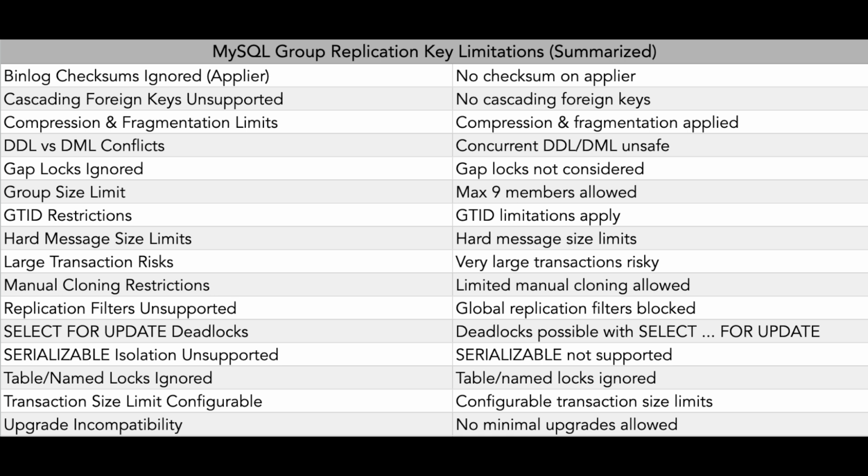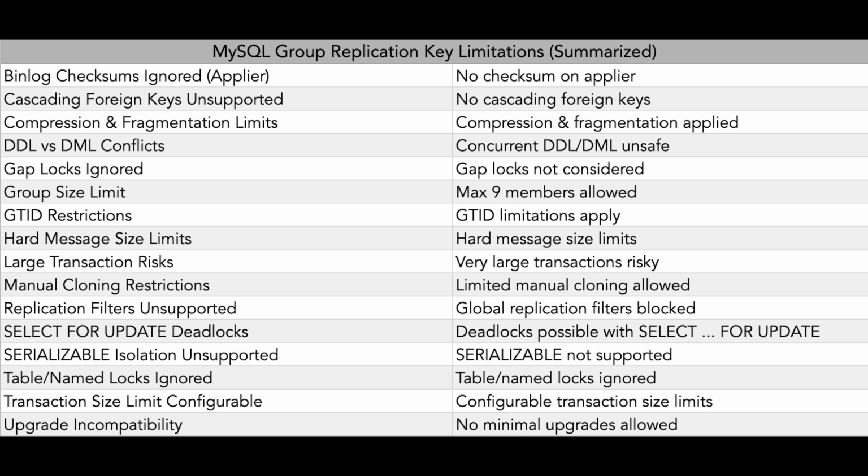Enforcing true serializability across multiple servers that can all accept writes is incredibly complex. It introduces a huge potential for distributed deadlocks and would likely kill performance in a highly concurrent environment like multi-primary GR. So it's a trade-off. You get the benefits of multi-primary writes, but you lose that absolute strictest isolation level. Performance versus absolute strictness, a classic trade-off.